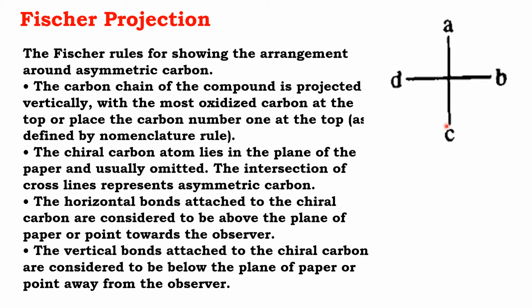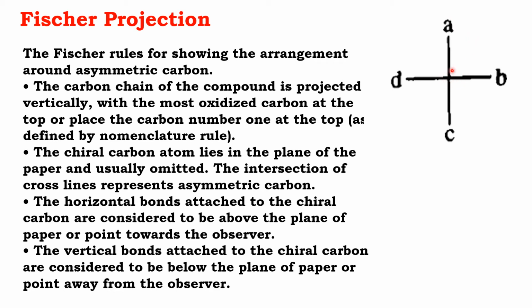The carbon chain is projected vertically here. So the vertical line represents the carbon chain. And when we represent the carbon chain, the most oxidized carbon atom should be placed at the top or the first position.